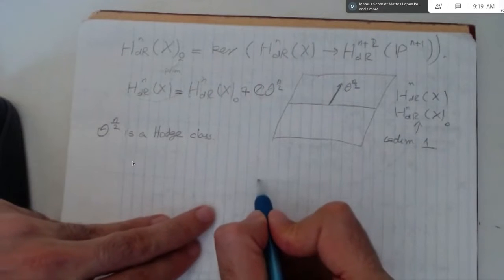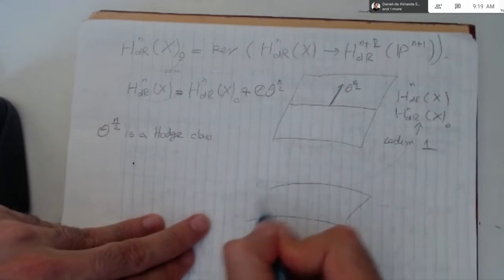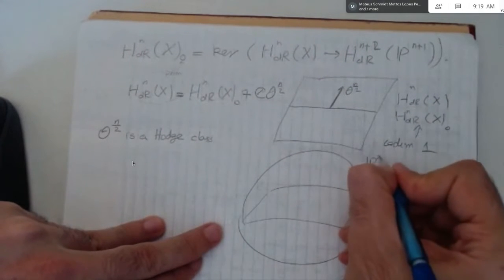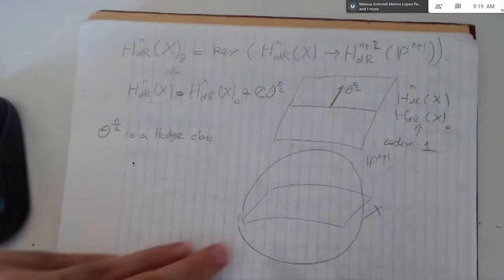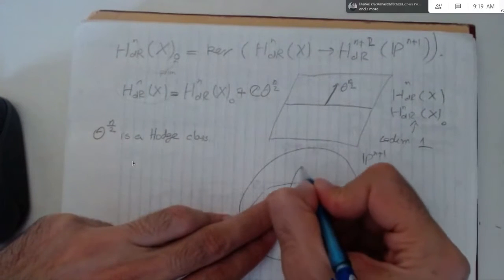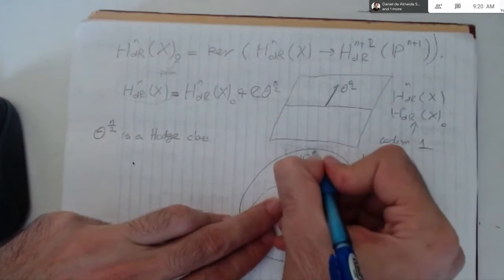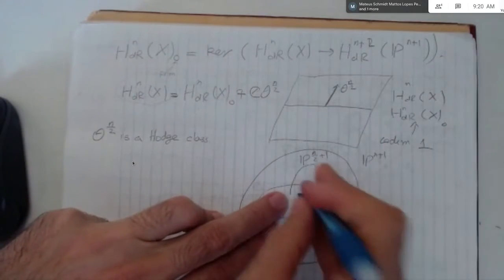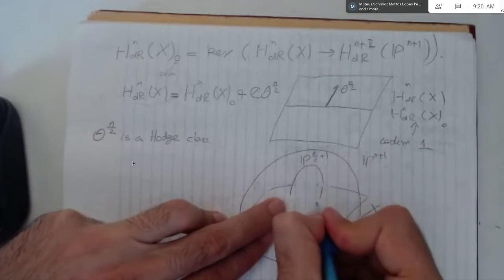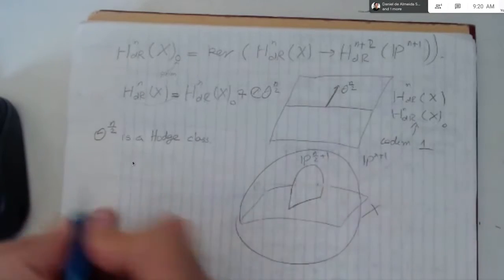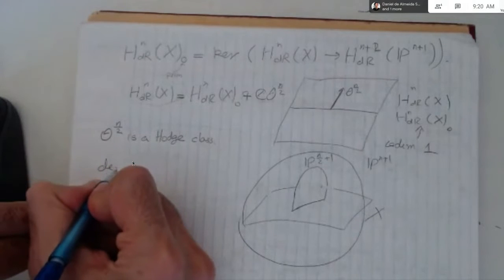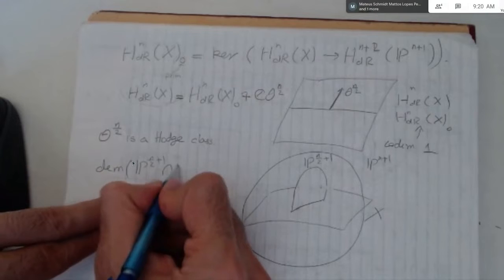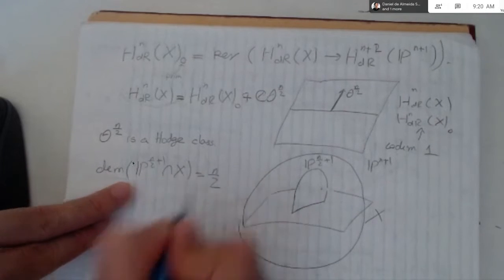Let me make a picture, remembering. If this is X, this is P^{n+1}. If we take P^{n/2+1} and intersect it with X, the dimension of this intersection is n half.